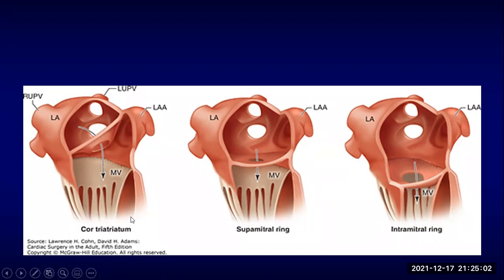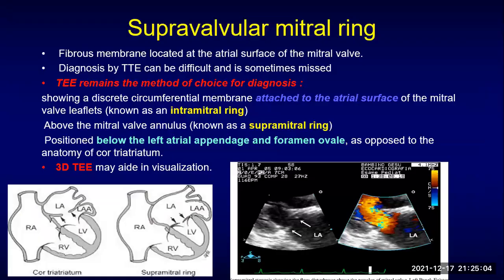It's another congenital anomaly. Okay, and we can see that 3D echo would give us a better visualization of all these anomalies. Here we can also see the cor triatriatum and the supramitral ring, and differentiate between both of them.